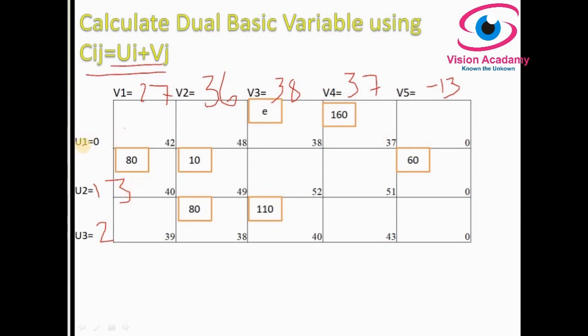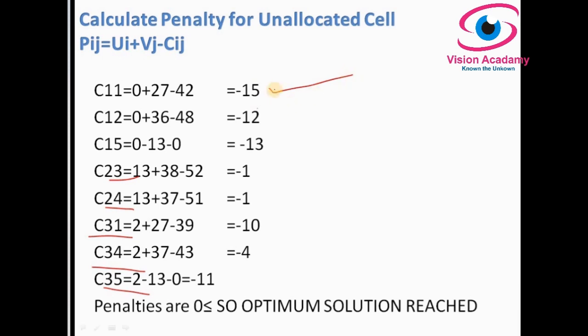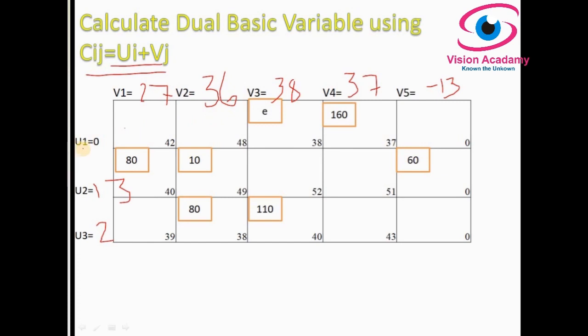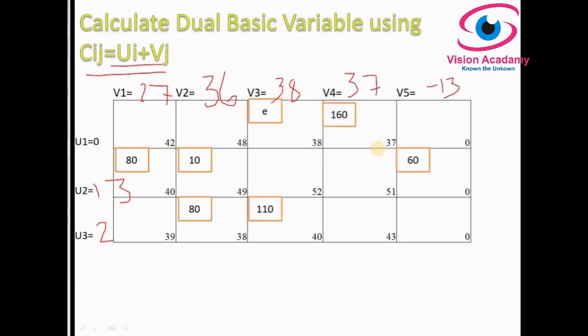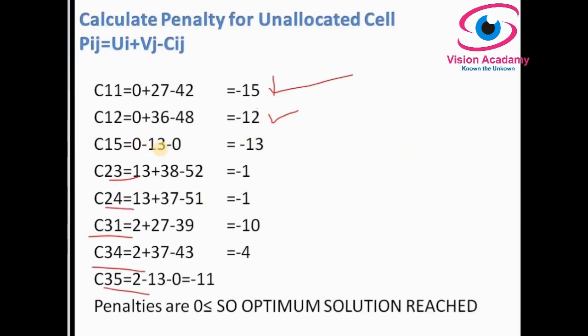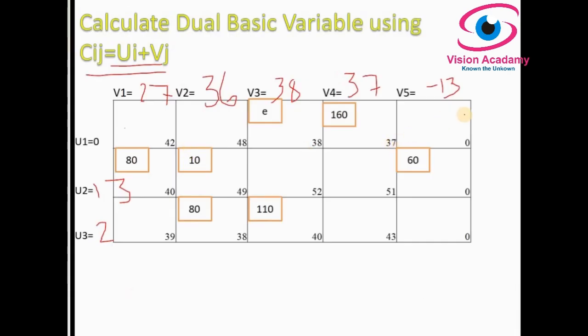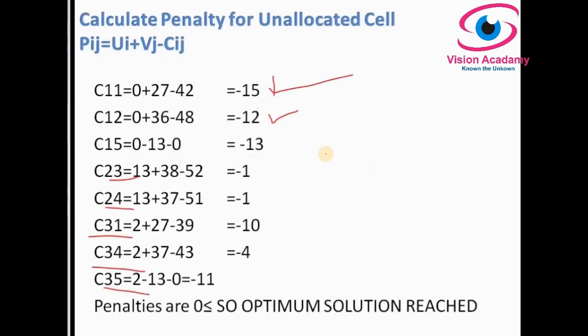For C11, the u1 value is 0 and the v1 value is 27. 27 minus 42 is minus 15. Second, C12: 0 plus 36 is 36, 36 minus 48 is minus 12. Then C15: 0 minus 13, and the Cij value is also 0, so minus 13.